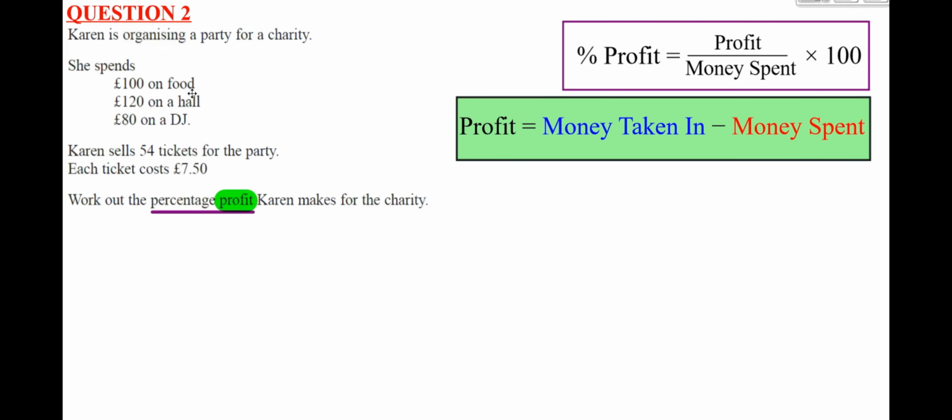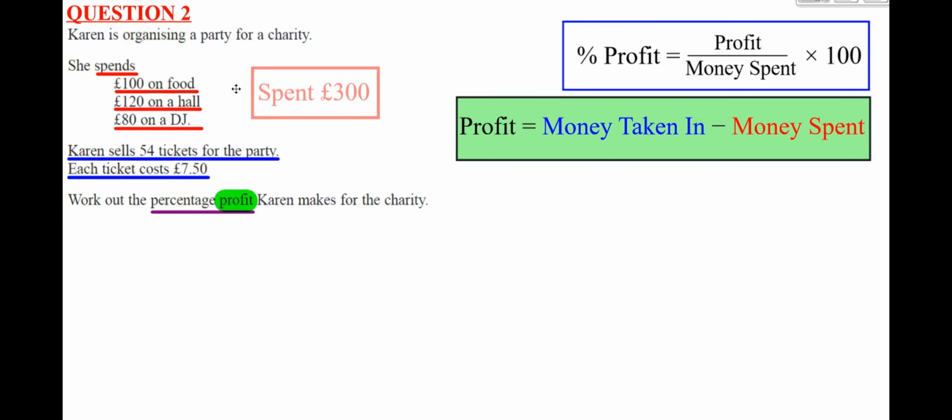So we can now focus on this information. So in the question, money spent is all of this here, 100 quid on food, 120 on a hall, £80 on a DJ. And the money she takes in from the tickets is £7.50, but 54 times. So if I total all this up, then she spends £300, but the money she takes in from the ticket sales, because it's a calculator paper, why not use the calculator?